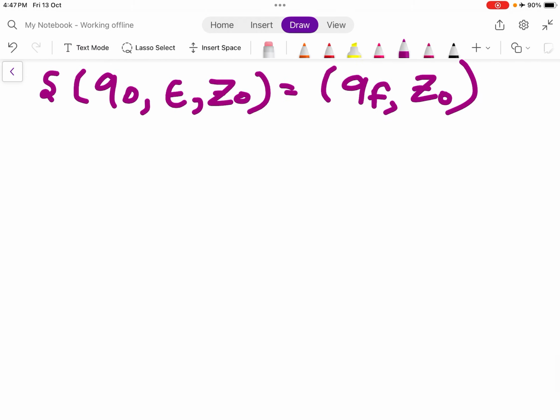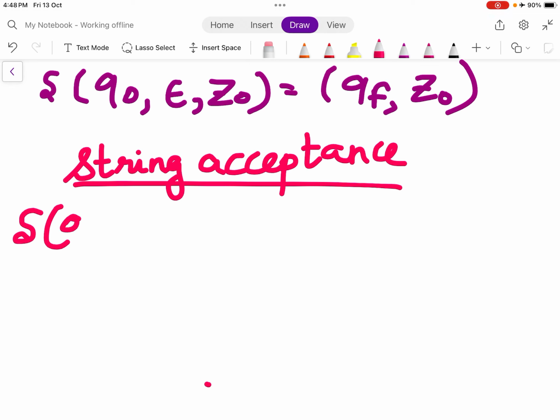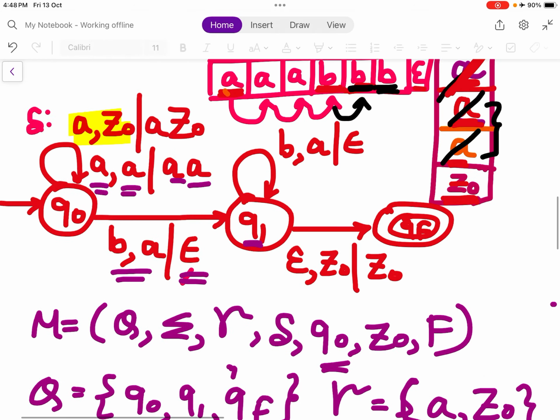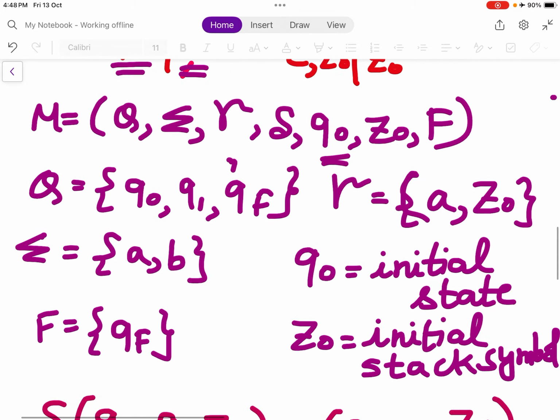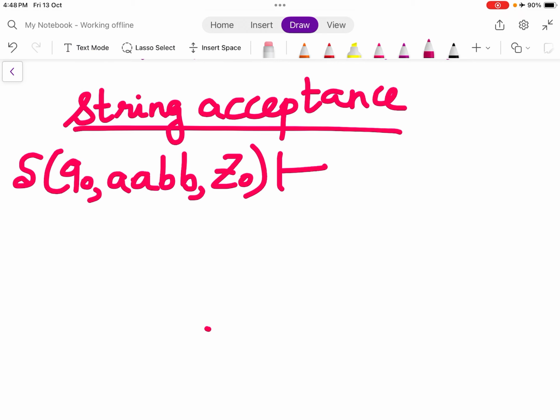Next we will see the string acceptance. You have Q0, A A B B, Z0. So first Q0 on A goes to Q0 and you have Z0.